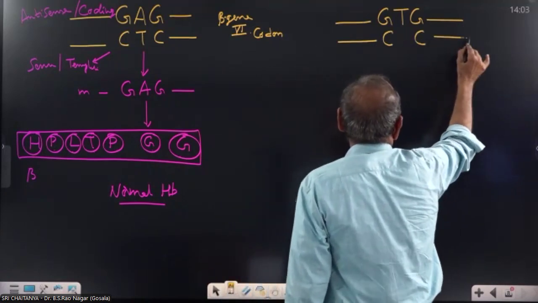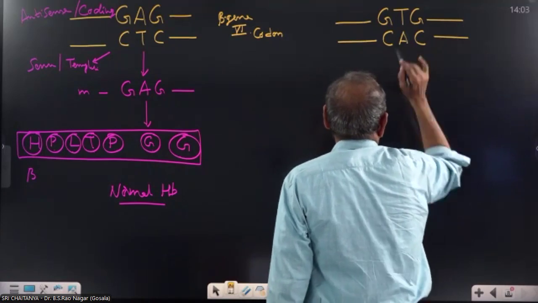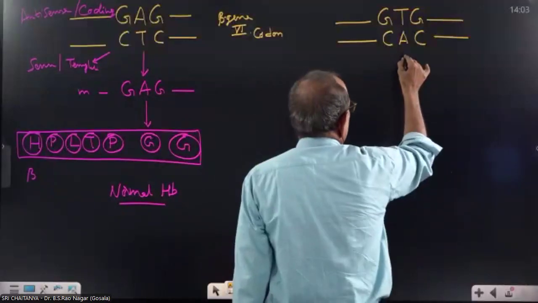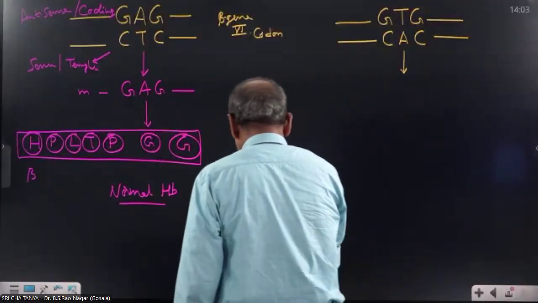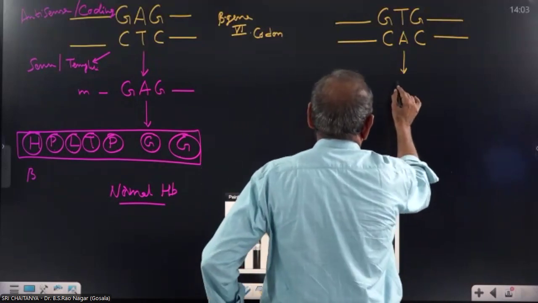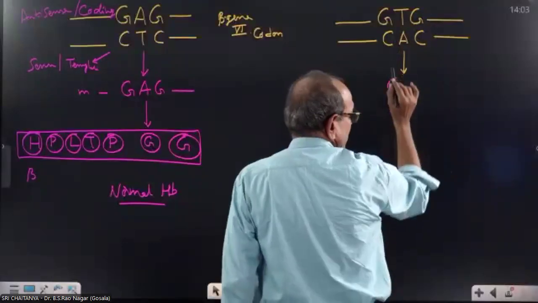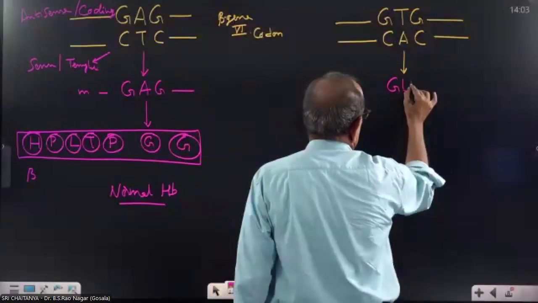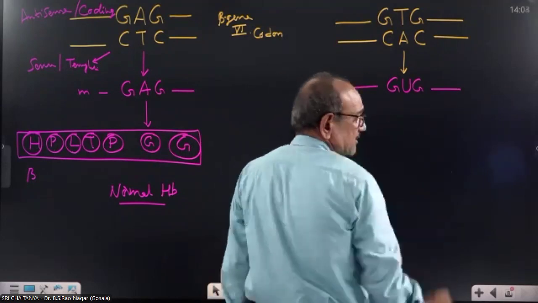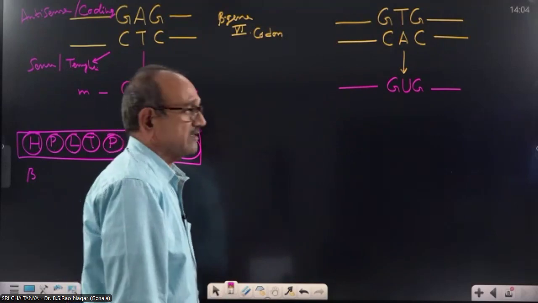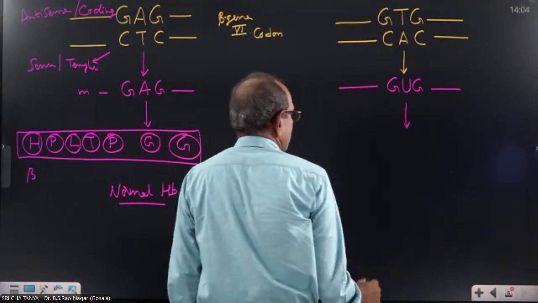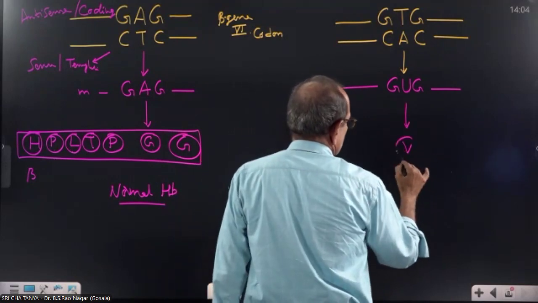C, C. Now this is A. This template, when it undergoes transcription, the triplet on mRNA will be like this: G, instead of T it is uracil, again G. A single nitrogen base alteration has occurred. If this is GUG, it codes for valine at the 6th position instead of glutamic acid.